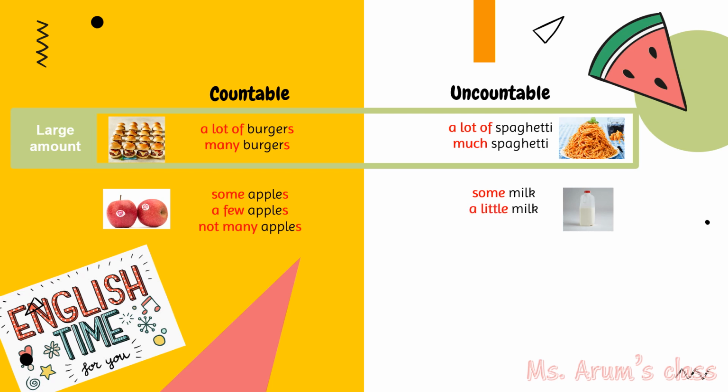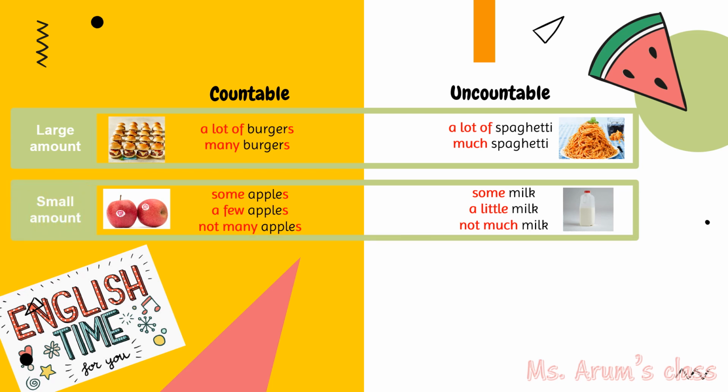Very good. A little milk. And one more? Not much milk. Very good. So some milk, a little milk, not much milk. Those are for uncountable nouns. Milk is uncountable, right? Okay. Now these are the quantifiers that you can use for describing small amounts of objects.